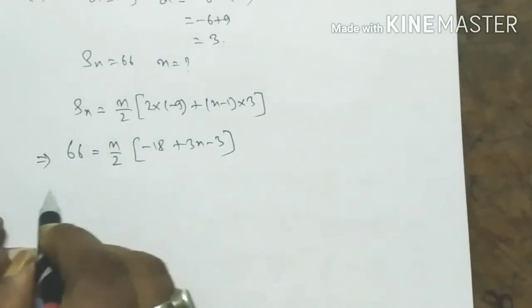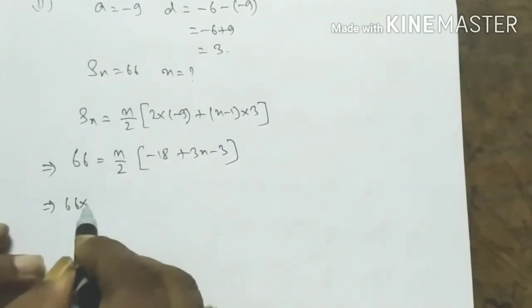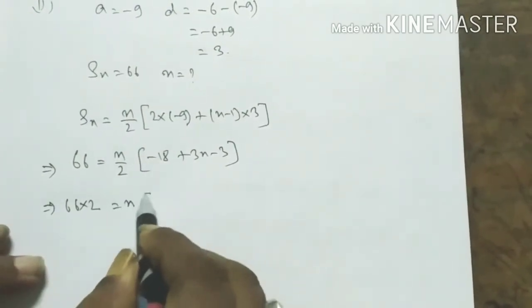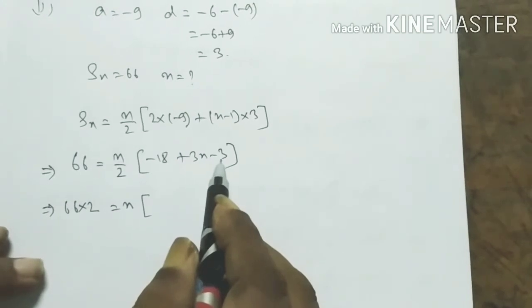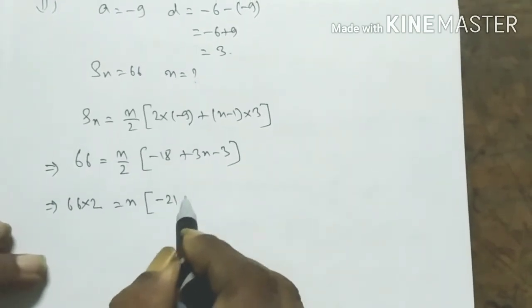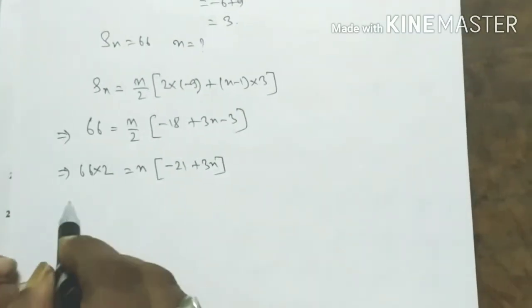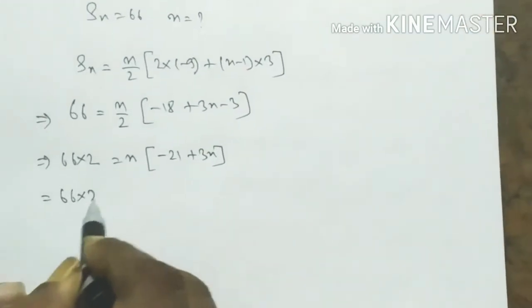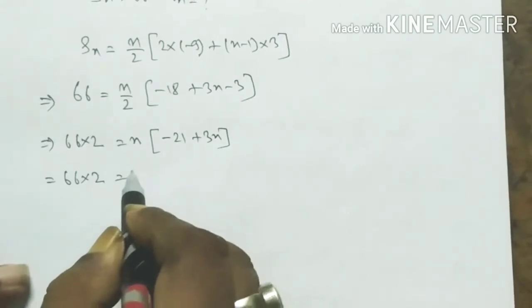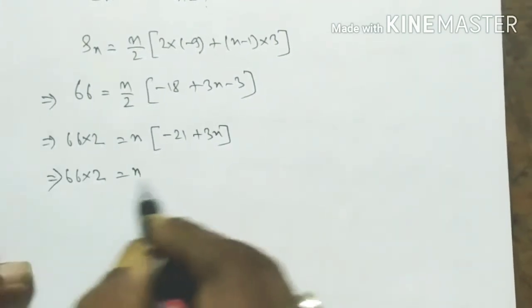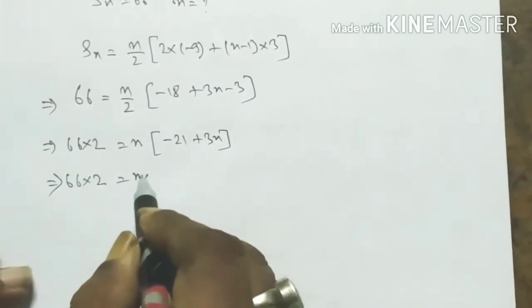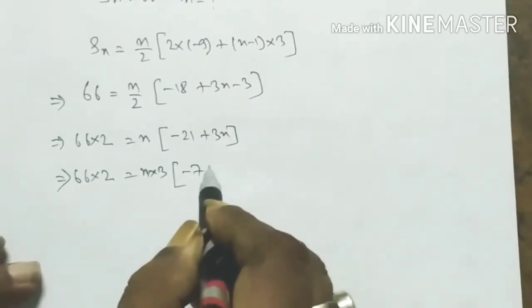So 66 into 2 is equal to n into (minus 18 minus 3, that is minus 21, plus 3n). Now 3 is common.